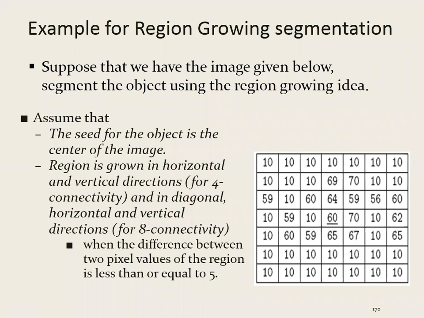So one of the issues is where to start. Most algorithms suggest starting from the central pixel within the image. Then from the central pixel, the subregions are identified by relating different pixels to the central pixel.